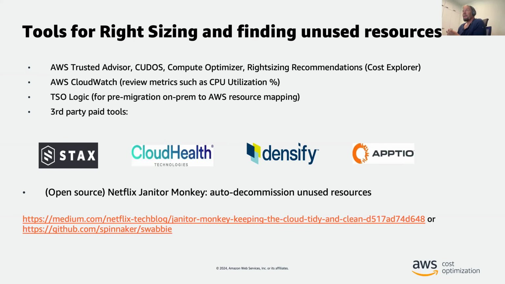For right sizing the resources, I briefly touched on CloudWatch. CloudWatch gives you metrics for all of your instances like CPU utilization, memory utilization. You can also build your custom metrics there. The Trusted Advisor will give you insights into what you're using, recommendations, Compute Optimizer and right sizing recommendations in Cost Explorer are tools that will give you direct input.